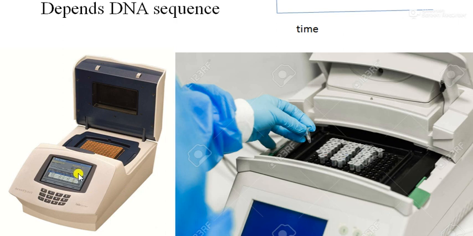With the display, there is an input device by which we can set or maintain the temperatures inside. This machine depends on the DNA sequence, because we have to set the temperatures according to the sequence of the particular DNA which we need to clone.